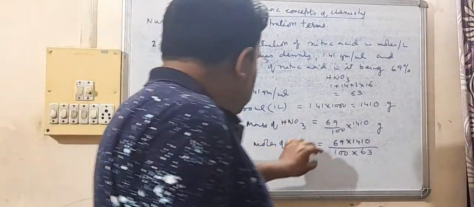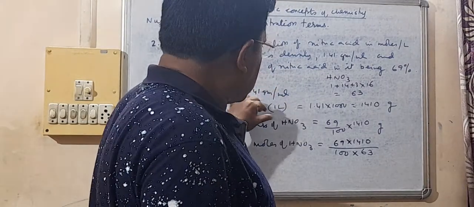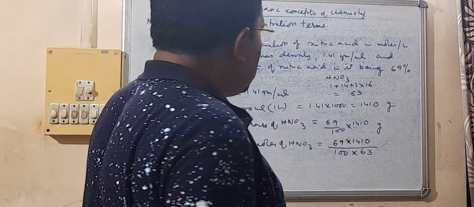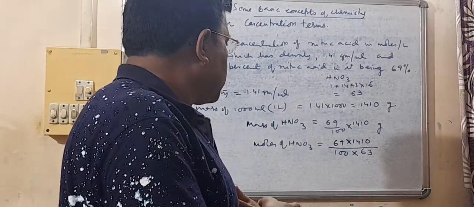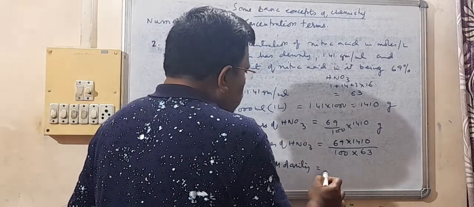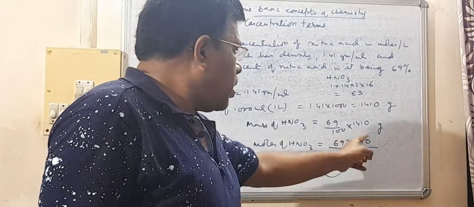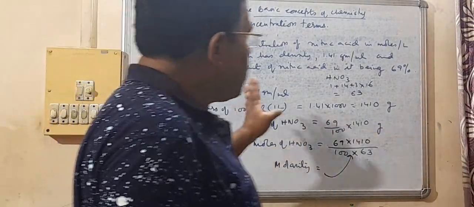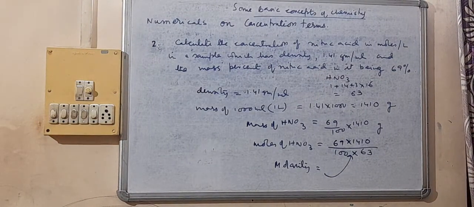Now you see, this moles of nitric acid is present in 1 liter of the solution, and we know molarity is number of moles present in 1 liter of the solution. So we can say that molarity will also be this only. So you will multiply and divide, simplify, that will be your answer. This is a very important question. All the questions that I am doing are from NCERT exercise.